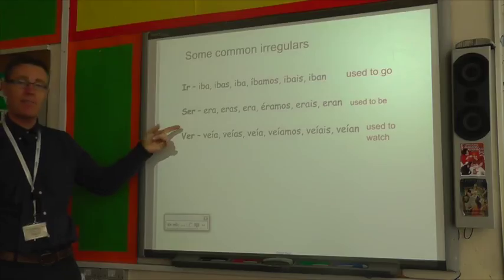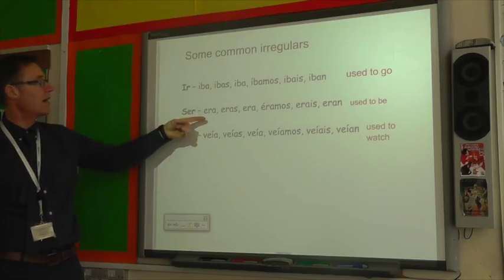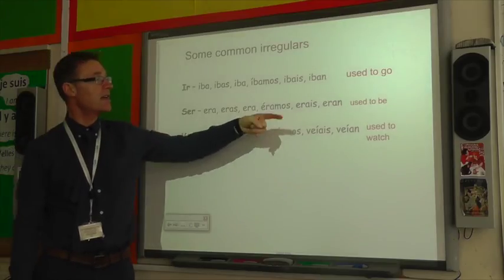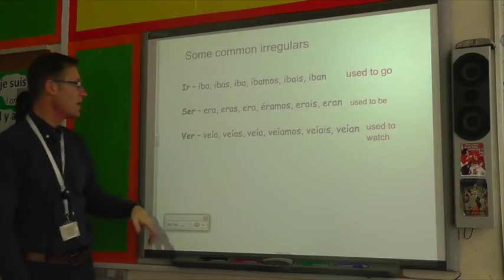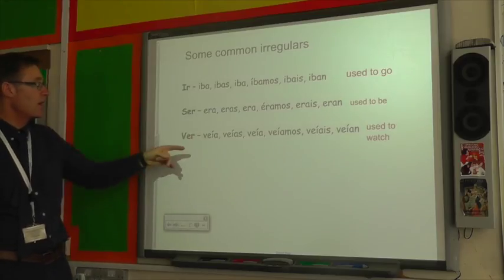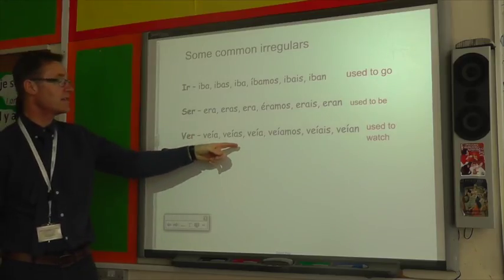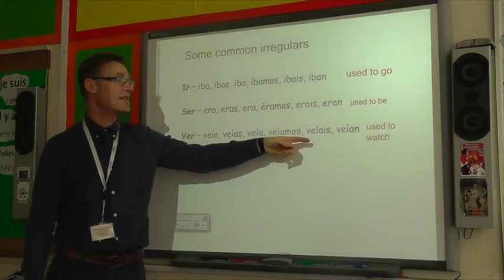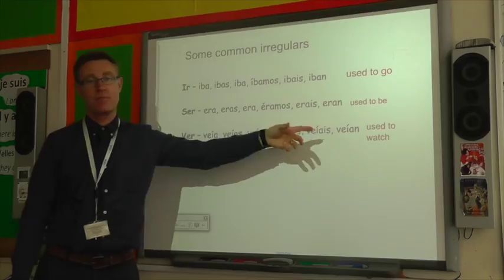The verb ser, to be, used to be: era, eras, era, éramos, erais, eran. And the verb ver, which is to watch or to see, so used to see: veía, veías, veía, veíamos, veíais, veían.